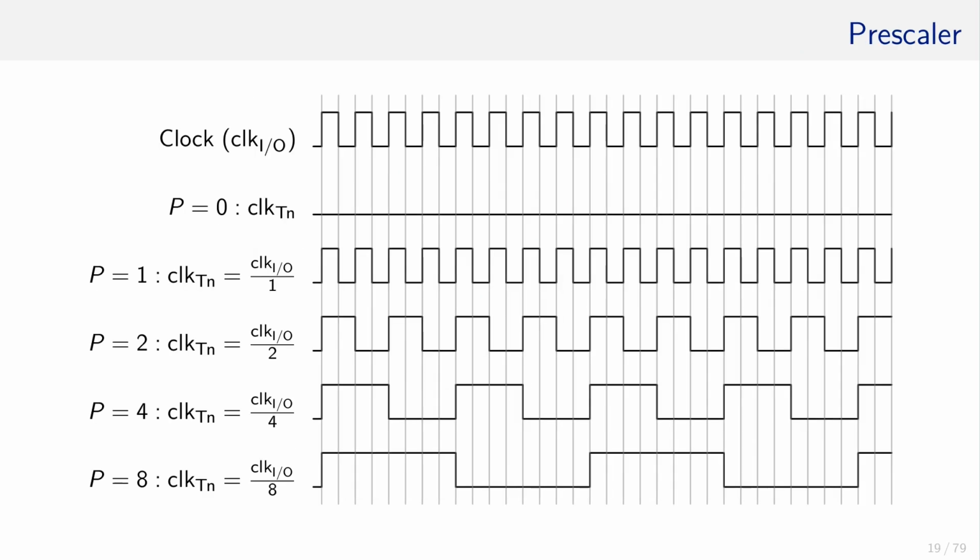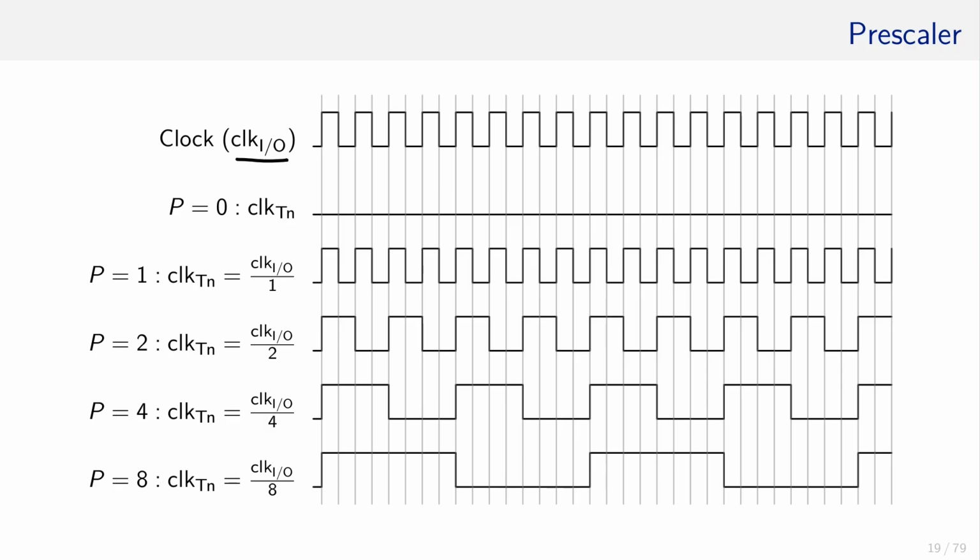What is a prescaler? A prescaler is a hardware unit that can decrease the clock frequency. The input to the counter prescaler is the I/O clock, which runs at the same frequency as the system clock. As shown earlier, that is 16 MHz. The prescaler can be configured.